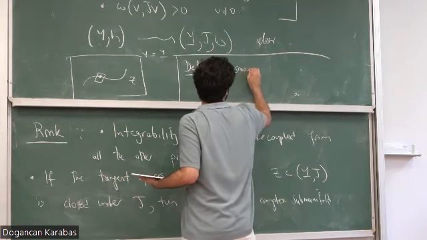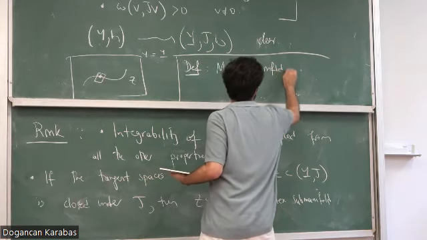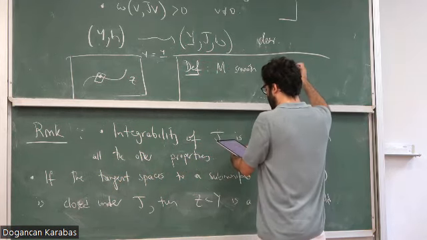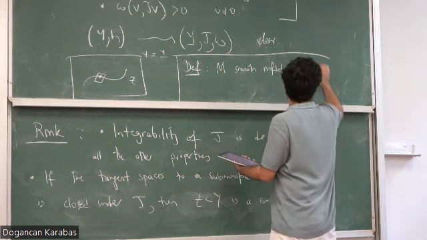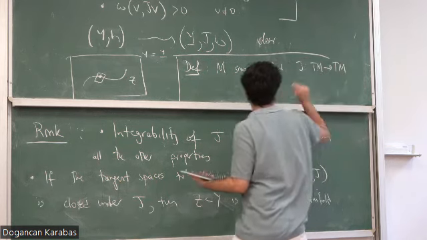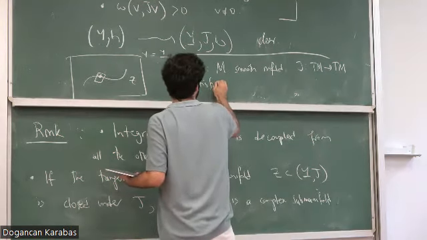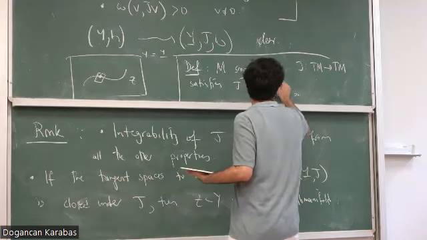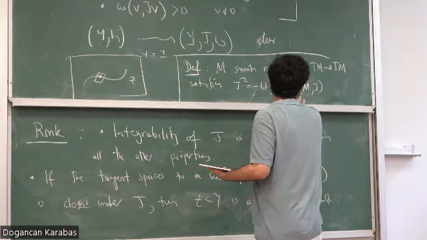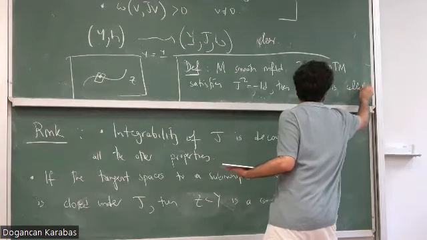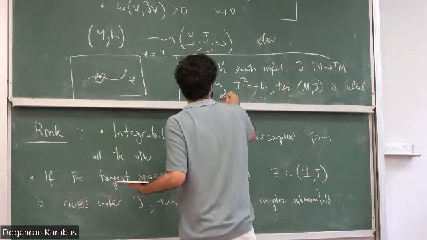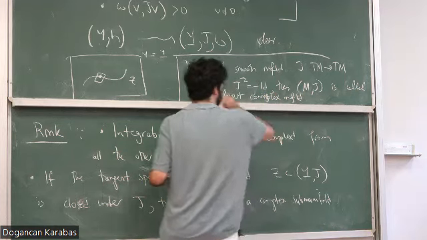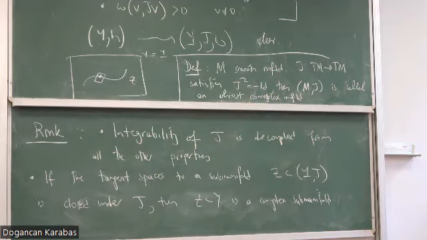If M is a smooth manifold, and J: TM to TM satisfies J squared equals minus identity like before, then (M, J) is called an almost complex manifold. I'm not going to use this, it's more like a remark, but it's a definition that you can make.